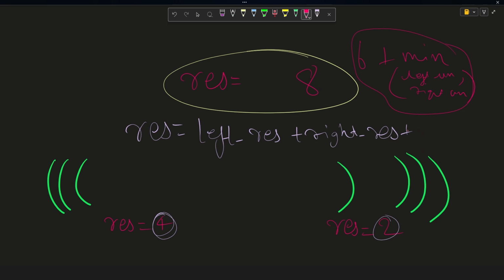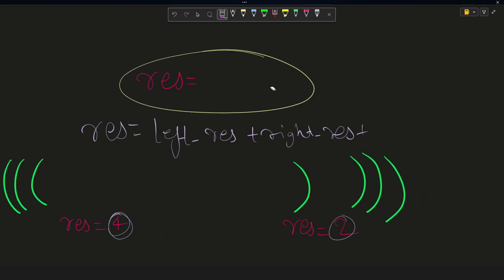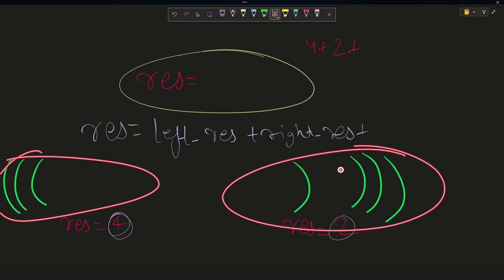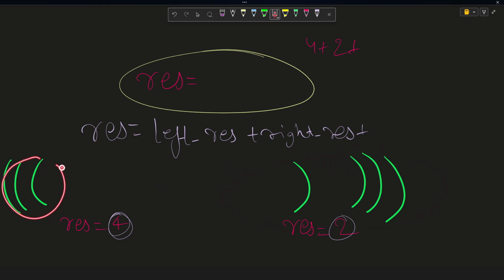Whenever we combine, we use this. So what is this 8 equal to? It is equal to 4 plus 2 plus the minimum of the number of left unmatched brackets present on the left child and the right unmatched brackets present on the right child, because these 3 will only combine with these 3 and this will remain as it is. That's why I'm taking the minimum.